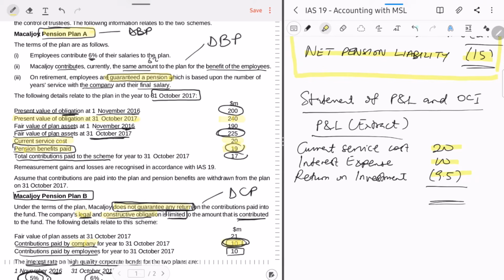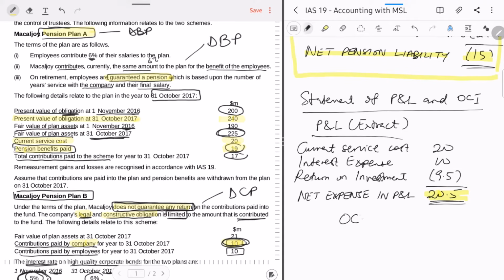This will give me 20.5. So the net expense in P&L will be what? 20.5, right?